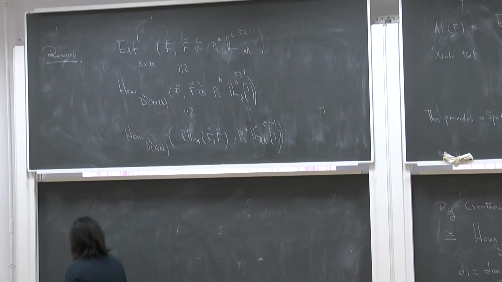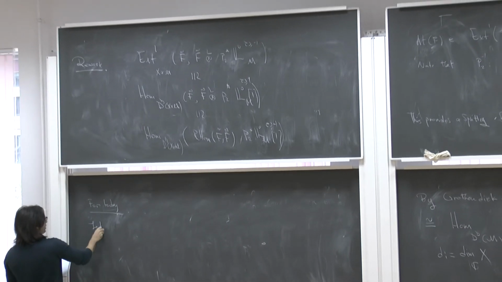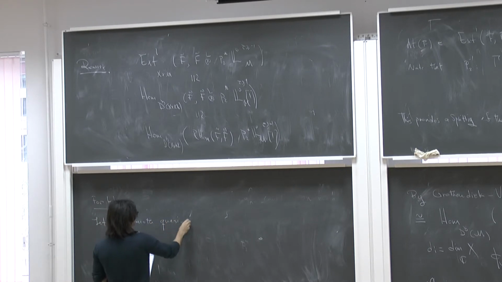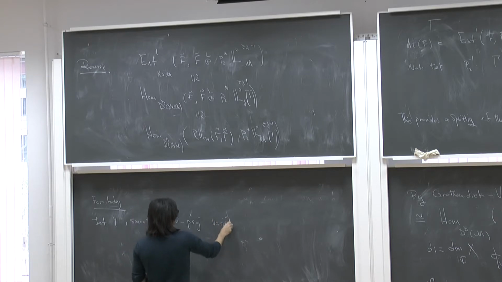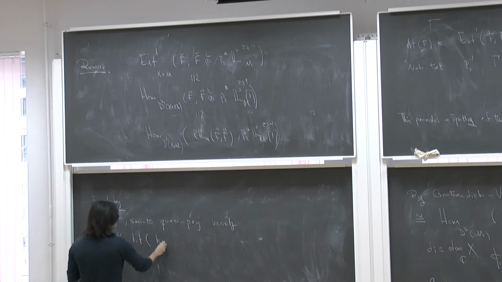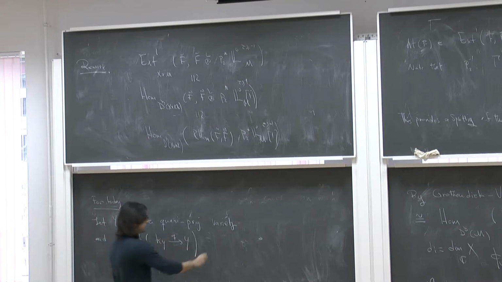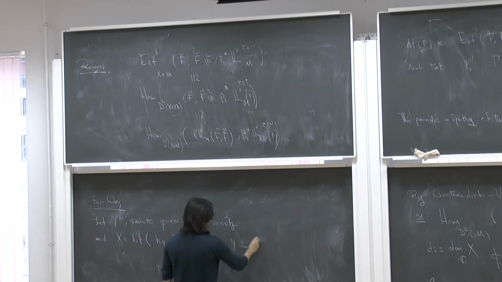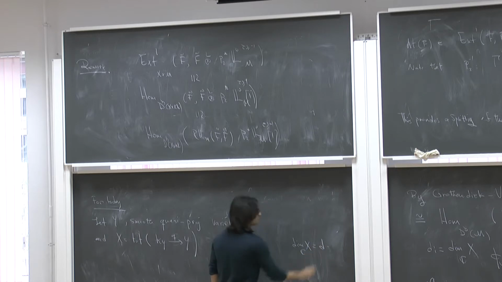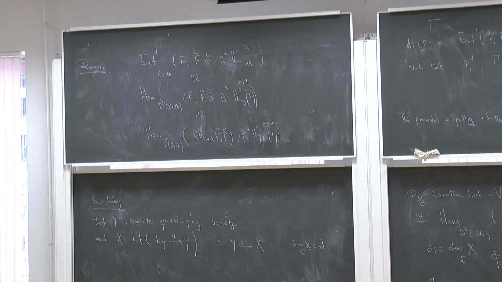Let Y be a smooth quasi-projective variety, and let us assume that X is the total space of the canonical bundle of this variety over Y. I give this projection a name Q, and let I be the embedding by the zero section of Y in X. Let us fix the complex dimension of X to be equal to D. So I have a quasi-projective variety of dimension D minus 1 sitting inside a D-dimensional variety X.